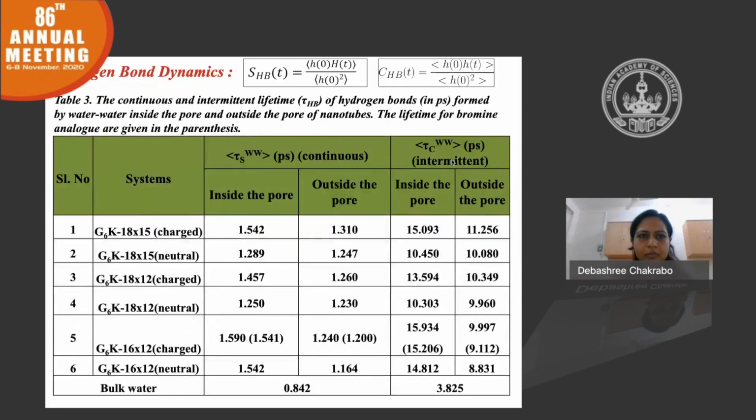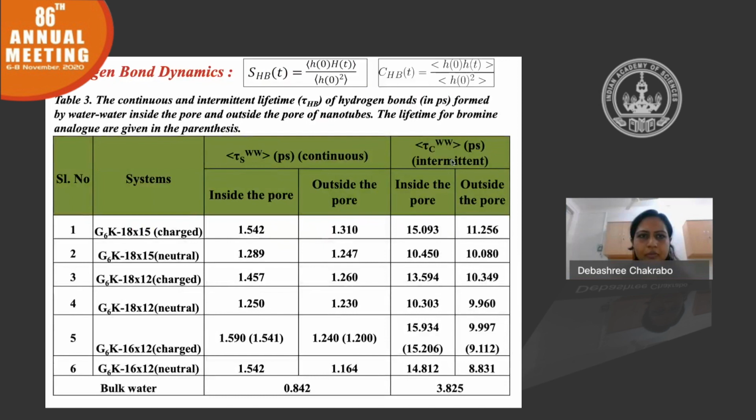We calculated the hydrogen bond dynamics of the water inside and outside the pore. So this is the total result. What we can see is that inside the pore we have more hydrogen bond lifetime compared to outside the pore. This trend is followed throughout. This is because inside the pore you have a lesser number of water molecules.